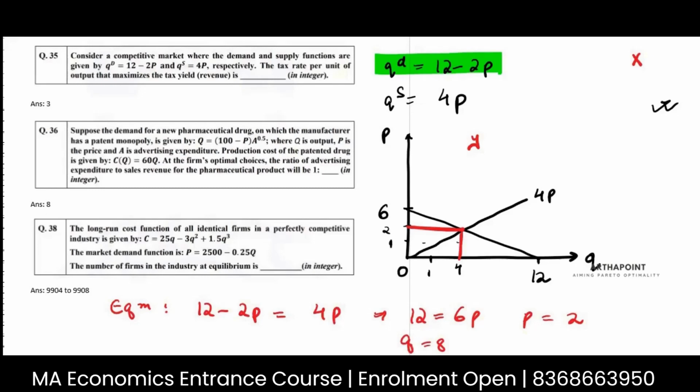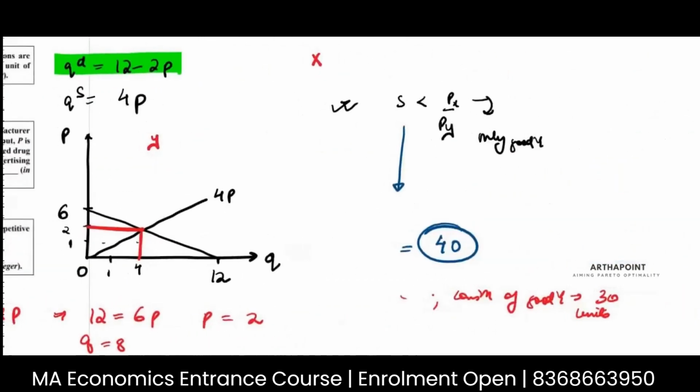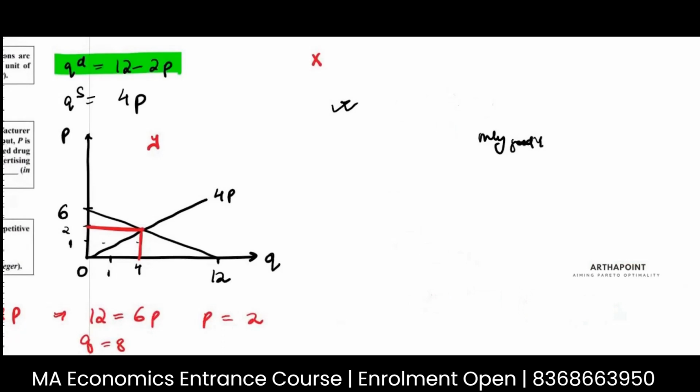Now imagine that there is a tax which is imposed. Let's say that the tax rate is T. So suppose a tax of T per unit is imposed.